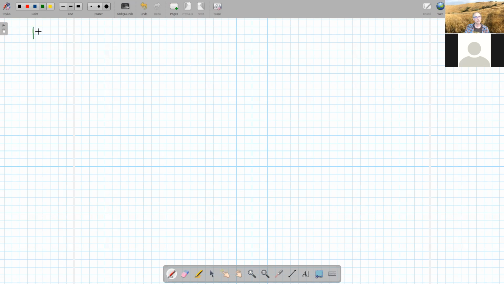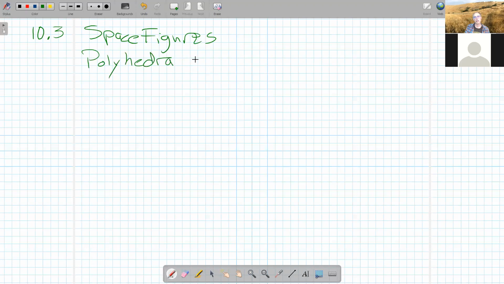All right. So for 10.3, which is called space figures, we're going to pretty much focus on polyhedra. They're kind of like 3D polygons.